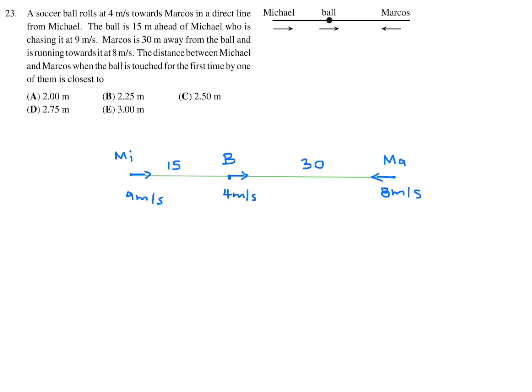Now, let's figure out the final diagram, which would be the exact same in terms of the distances. I don't want to change that. But of course, the positions of Michael, Marcos, and the ball are not the same. The ball is going to be somewhere, I really don't know, but let's just say it's going to be somewhere here.